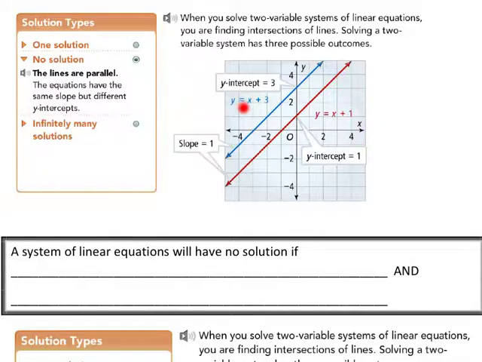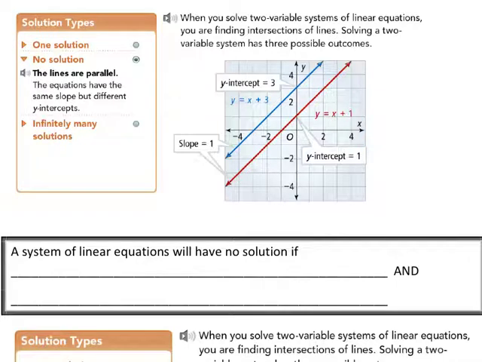If you notice here, the slope of this line is 1, and the slope of this line is 1. They go up 1, right 1, up 1, right 1 for both lines. Since the slopes are the same, but the y-intercepts are in two different spots, that means they are going to be parallel.